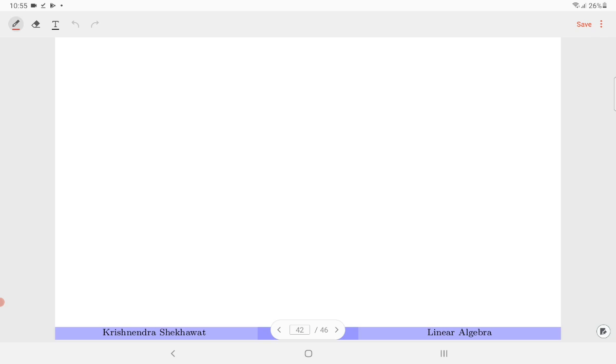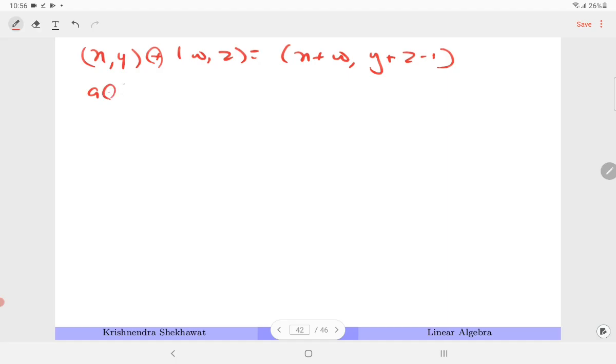Okay, so let me write down the operations again so that we do not forget them before we use them. xy plus wz is x plus w, y plus z minus 1, and a dot xy is ax, ay minus a plus 1.